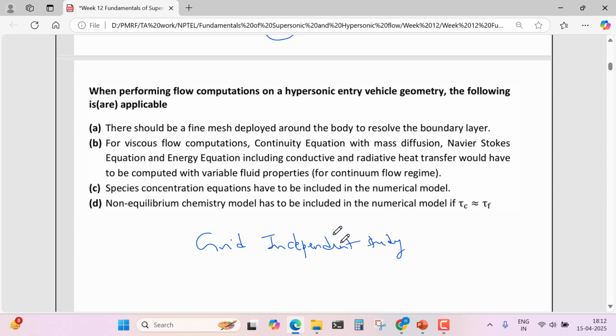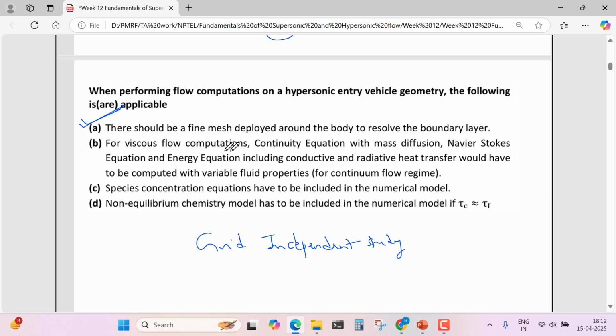In this study we make finer and finer meshes and check after what mesh the flow properties are not changing. Then we use that mesh for the computation. So this statement is true.